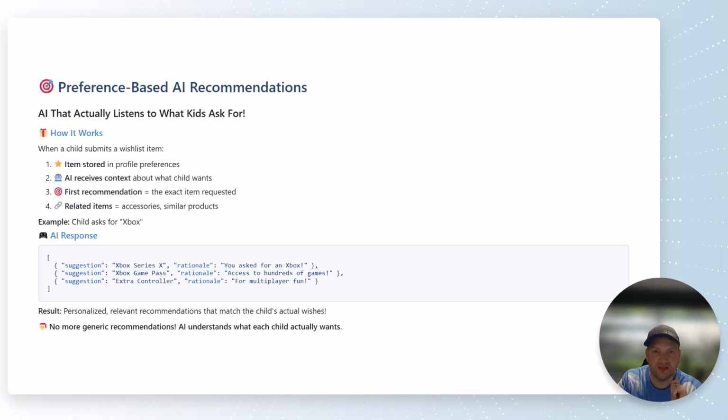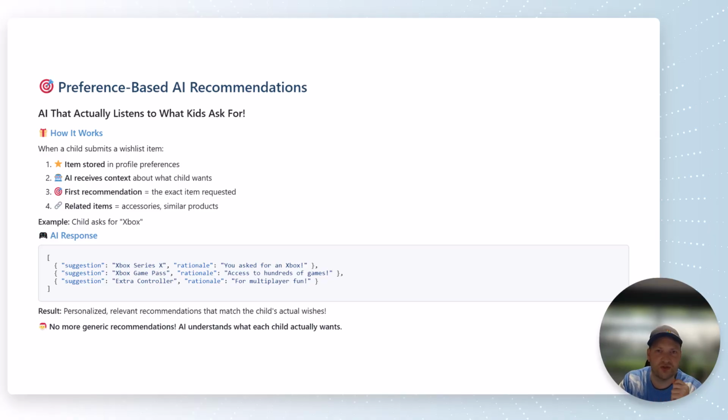One of the things I was considering was, do we really want to give children what they ask for? Usually in real life or production, the answer is no. It might be a mix of what they ask for versus what they need. It's a whole need versus want scenario. But in this example, when a child submits their wish list, those items become the preferences that the Microsoft Agent Framework then uses for the recommendation.